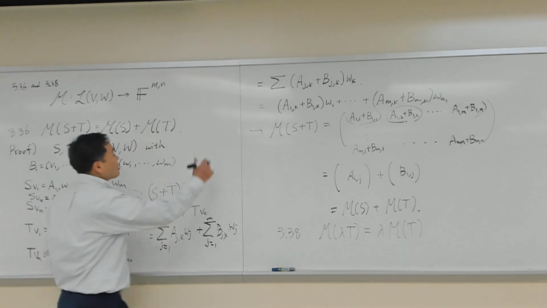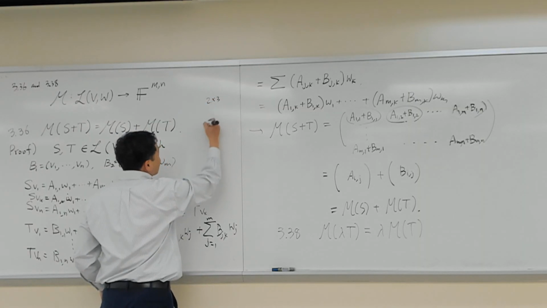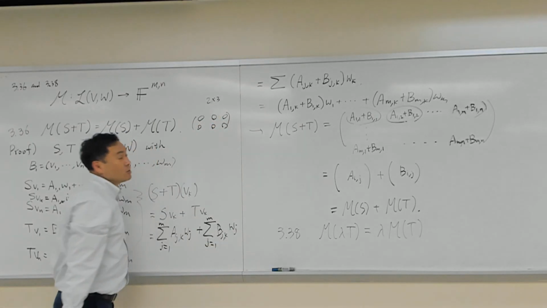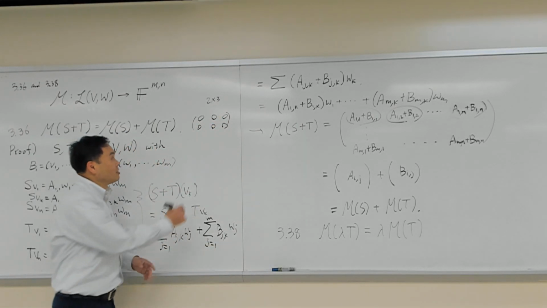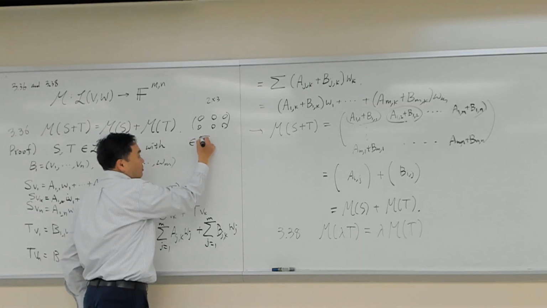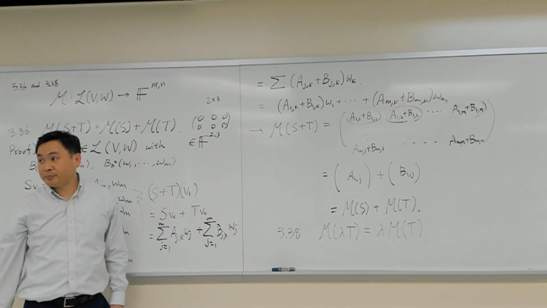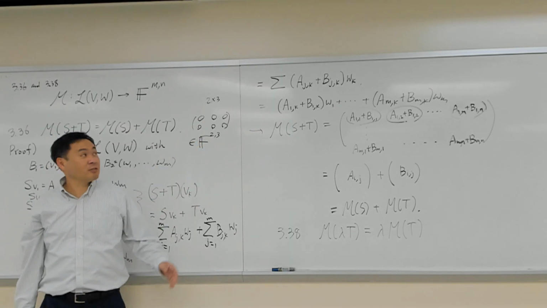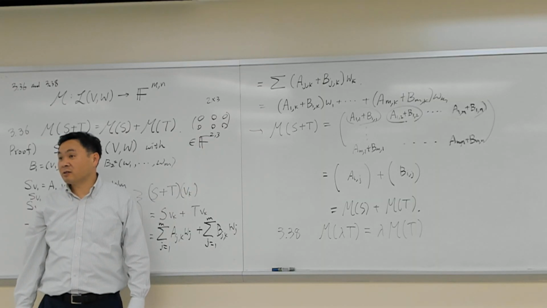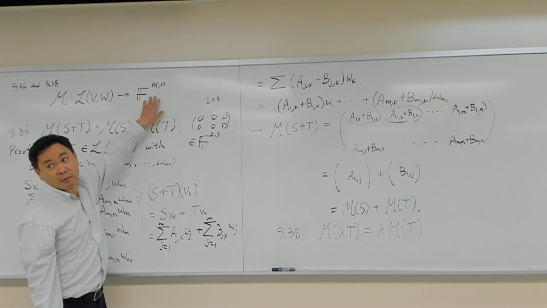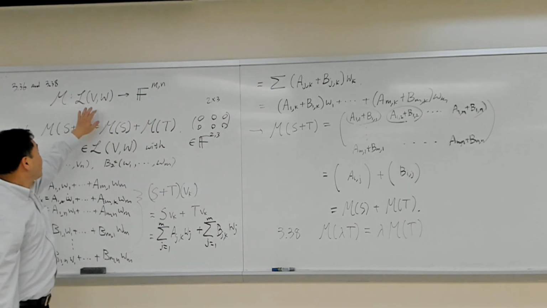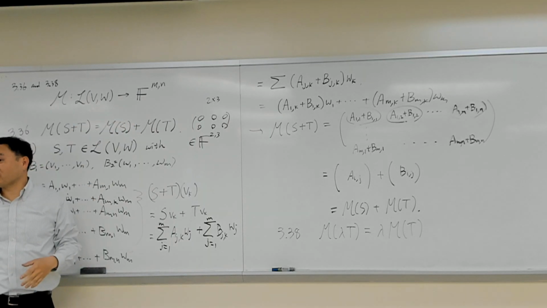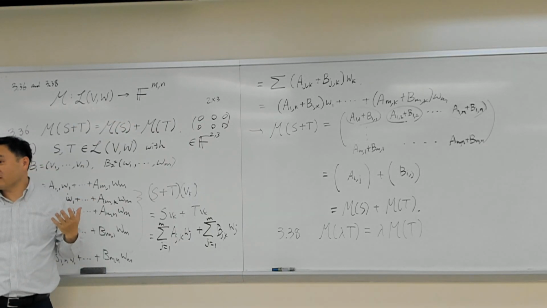For example, a space of 2 by 3 matrices, 2 rows and 3 columns, is F^{2,3}, and you have 6 numbers, so that has dimension 6. So this has dimension mn. And this M is a linear map between two vector spaces. That's what's being shown.